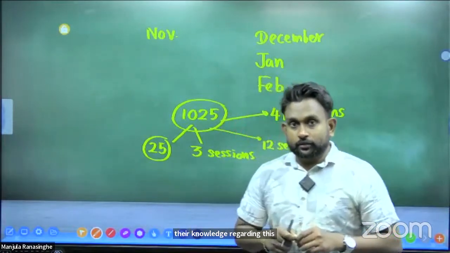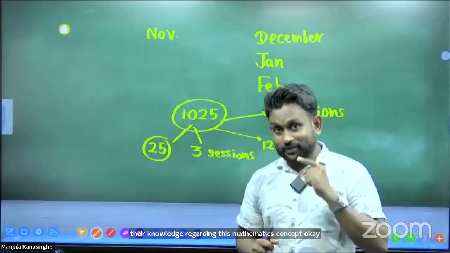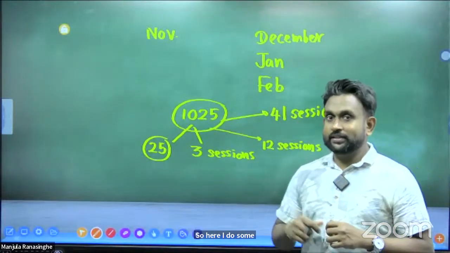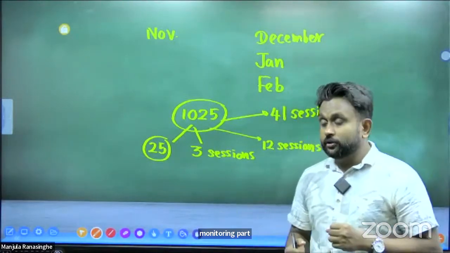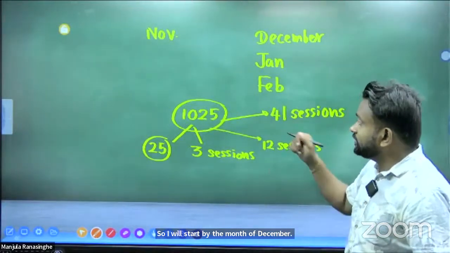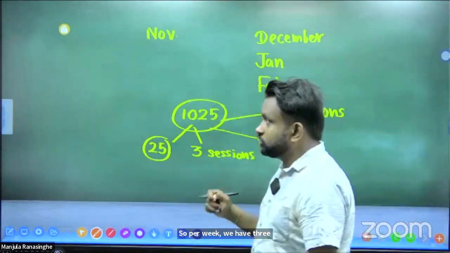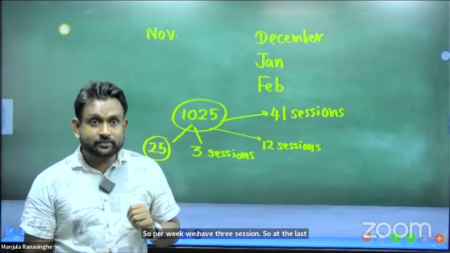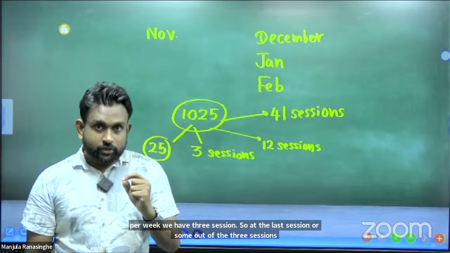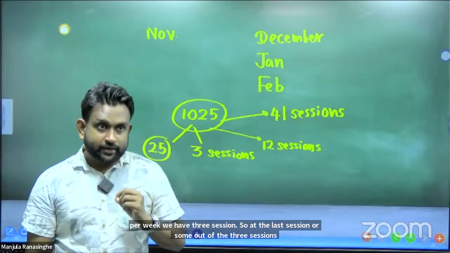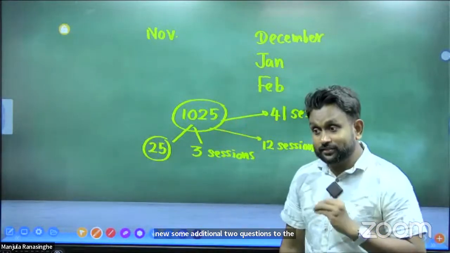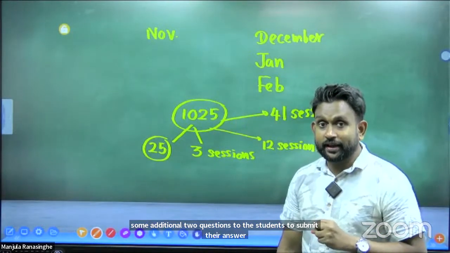Okay. So here I do some monitoring. I will start in the month of December. So per week we have 3 sessions. At the last session, or one of the 3 sessions of the week, I will give 2 additional questions to the students to submit their answers at the same time, and then I will rank.